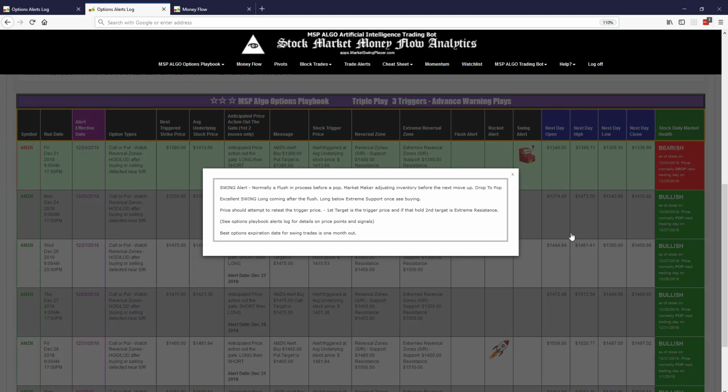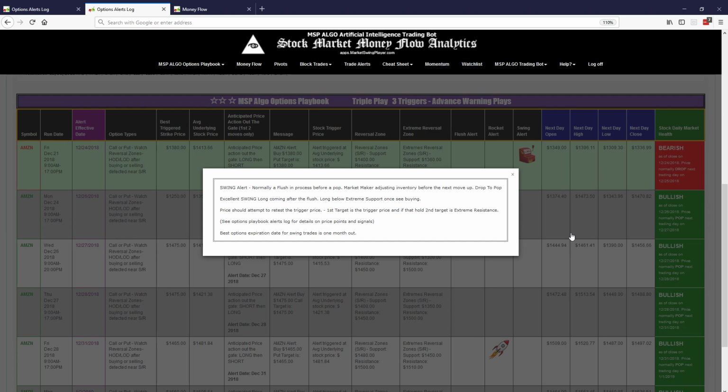A swing alert is when you want to enter a trade and you want to hold for a period of time. Okay? So it says normally a flush is in process before a pop. So if you notice these alerts, it's telling you the moves in advance.